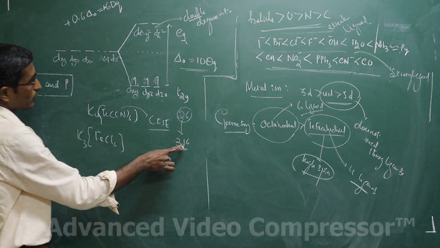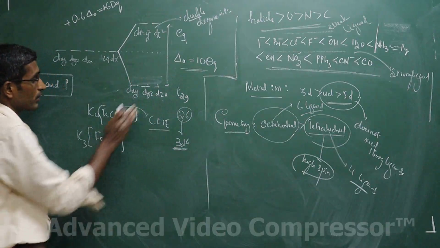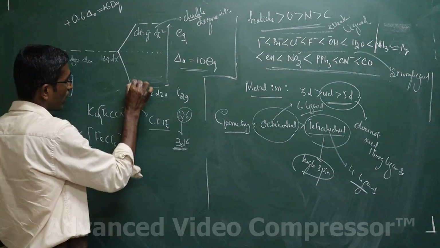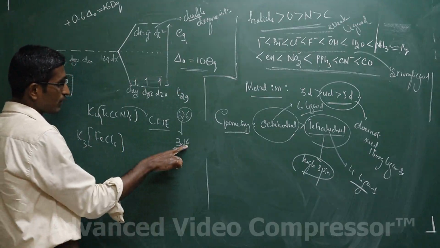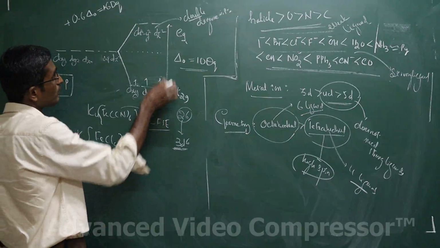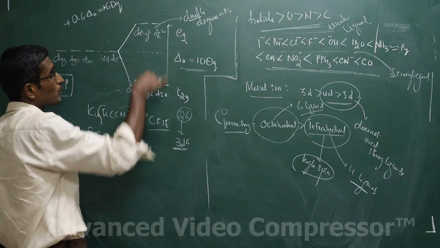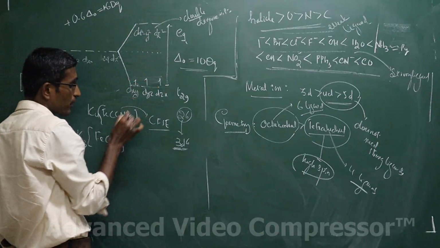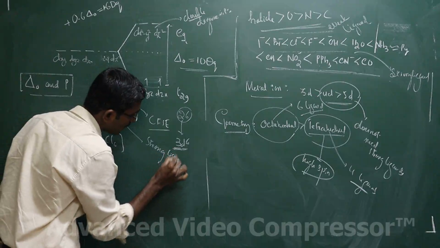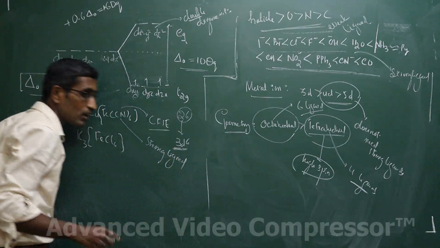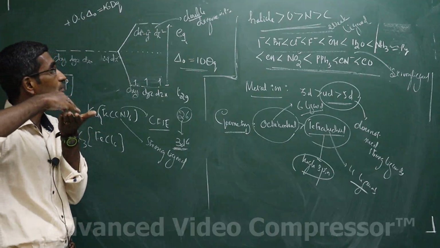Since it is a d6 configuration, let us start filling it, because both are octahedral complexes. 1, 2 and 3. Now you have 3 more electrons. The 4th electron can either go up here or pair over here. But it will not go up, rather it will start pairing, because the ligand is a strong ligand. Got it? What does a strong ligand mean? A strong ligand means it will split very high, that is, delta naught will be very high.